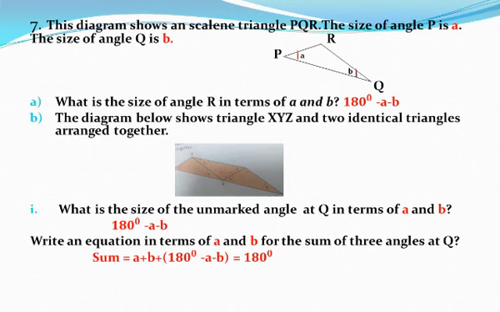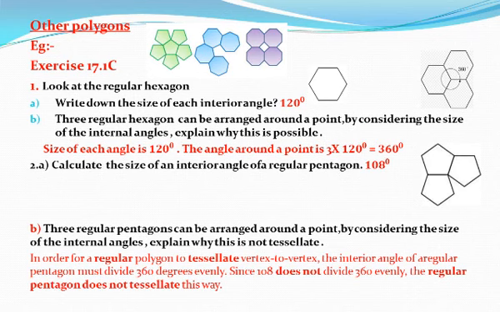The next question, write an equation in terms of a and b for the sum of the three angles at Q. The sum is a plus b plus 180 degrees minus a minus b. So we get 180 degrees. I'm going to leave some questions.